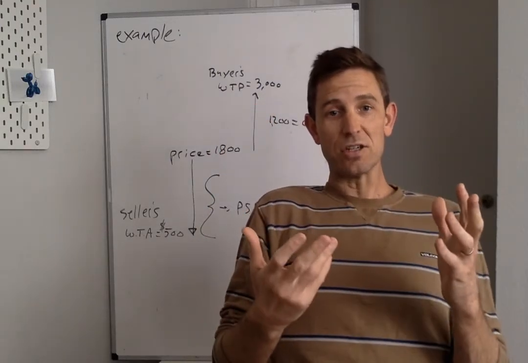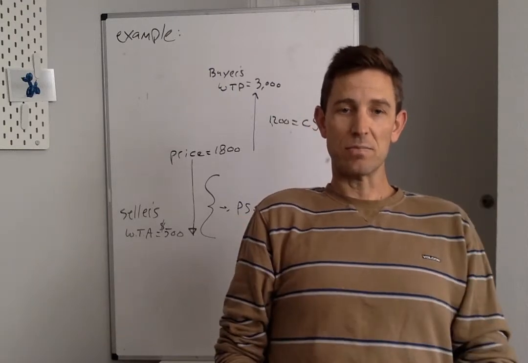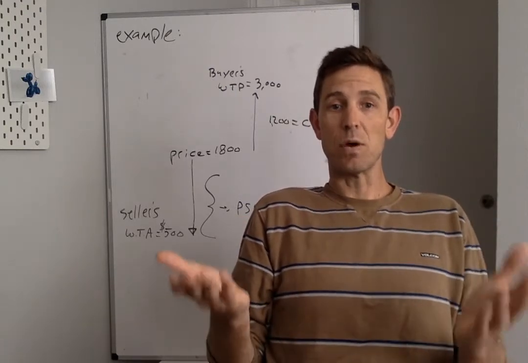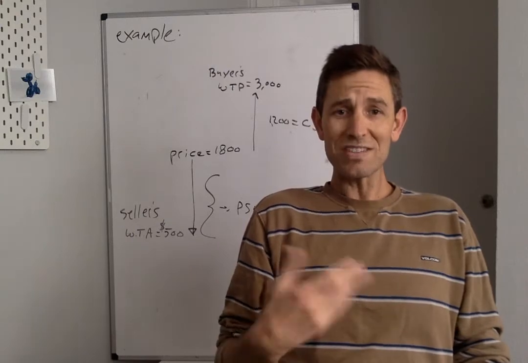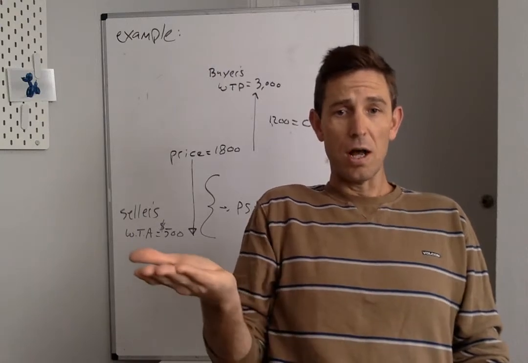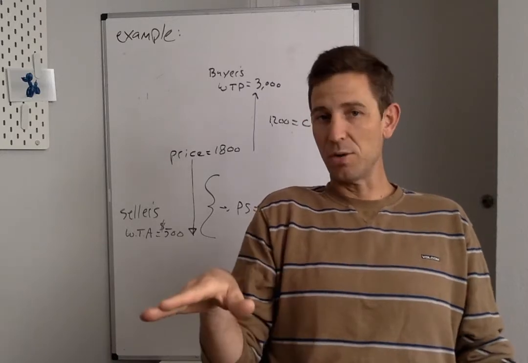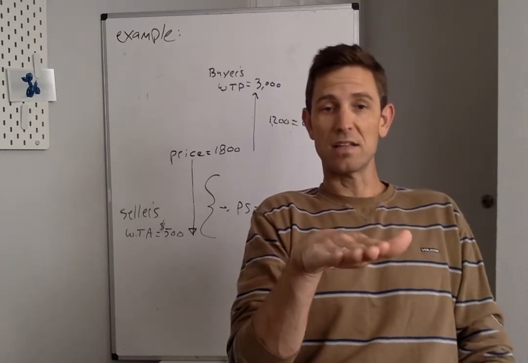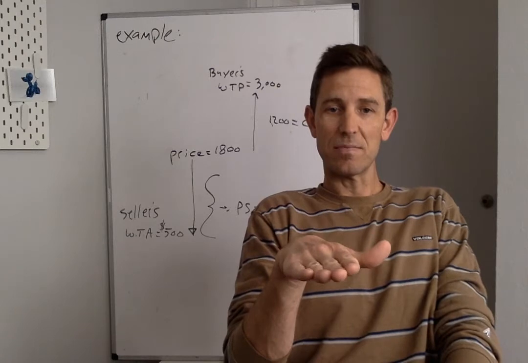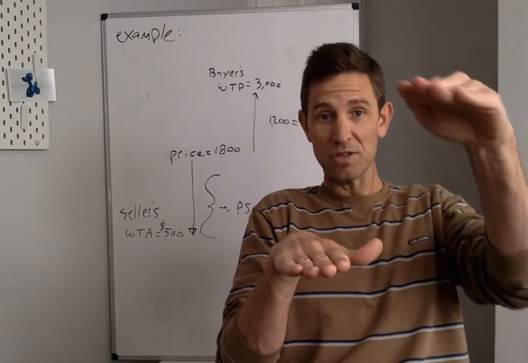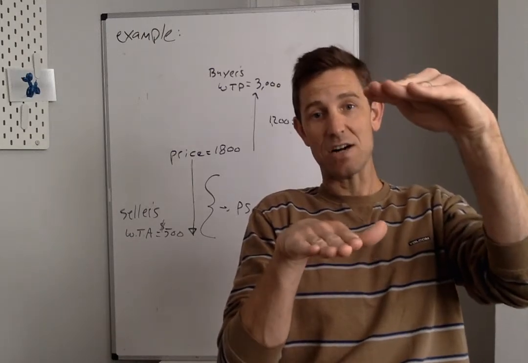When sellers sell a good, they likewise experience some surplus. And here it's kind of the opposite of what we were just talking about. When sellers are selling something, there's a minimum price that they're willing to accept. Anything less than that, they can't do it. They have a bottom line. This is the lowest price at which they would be willing to sell something. Oftentimes, though, they're able to sell it for some price that's higher than that.